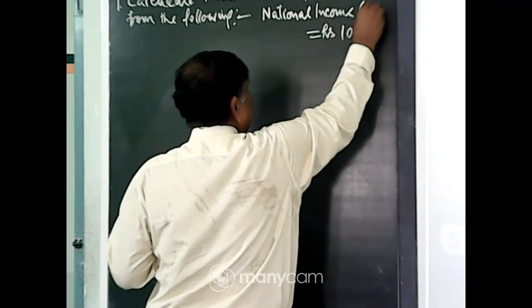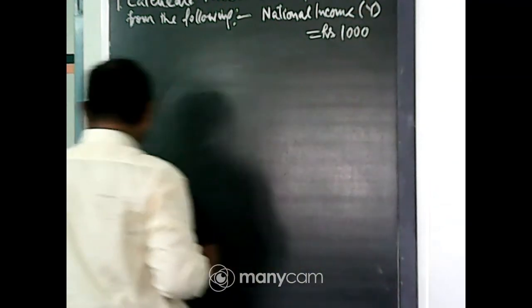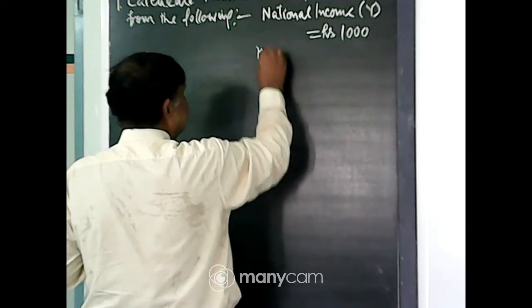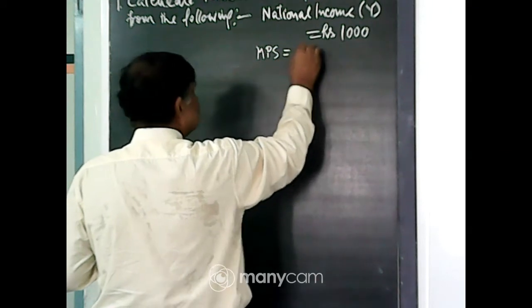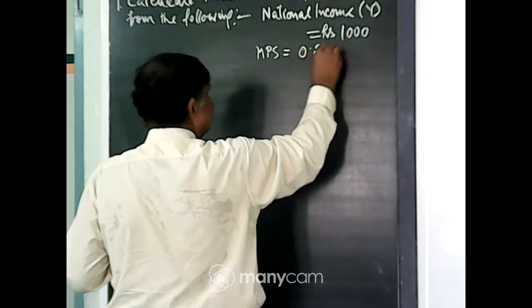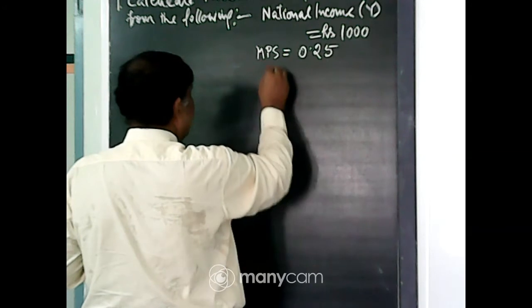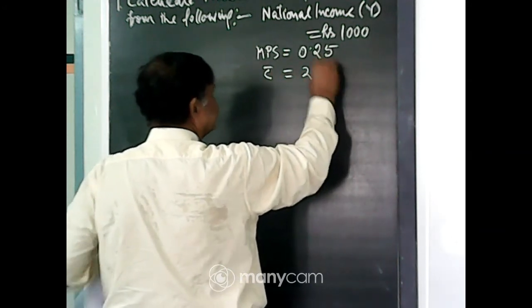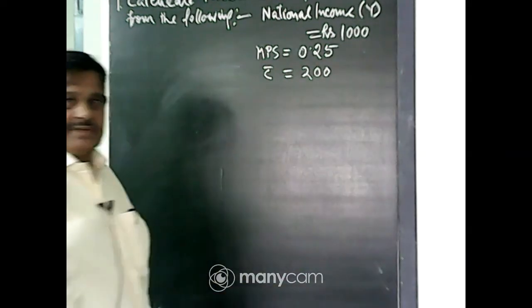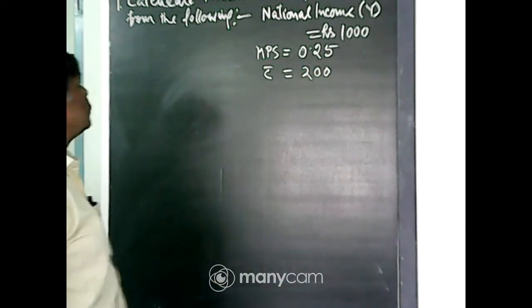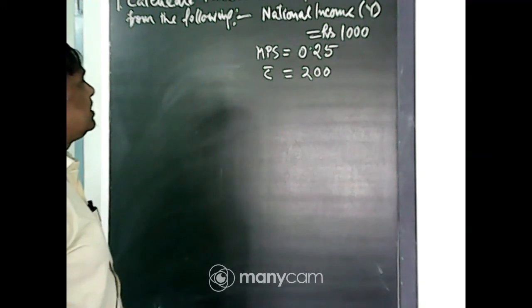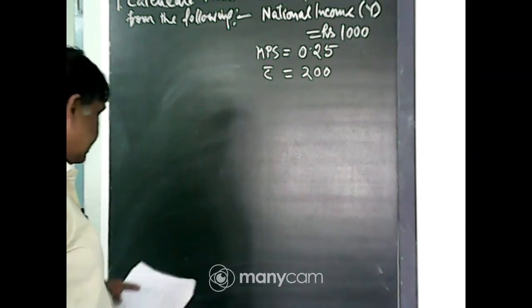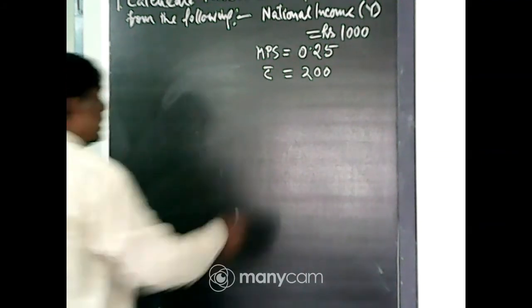National income means Y, and MPS is equal to 0.25. Again, C bar is equal to 200. These are the data given to calculate investment expenditure.